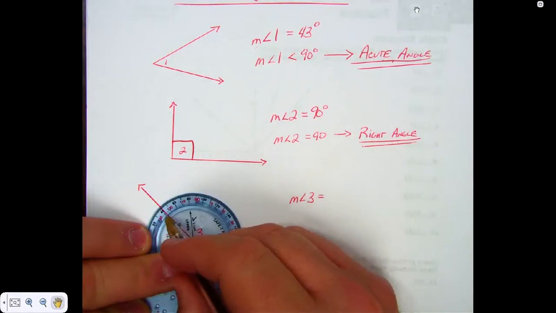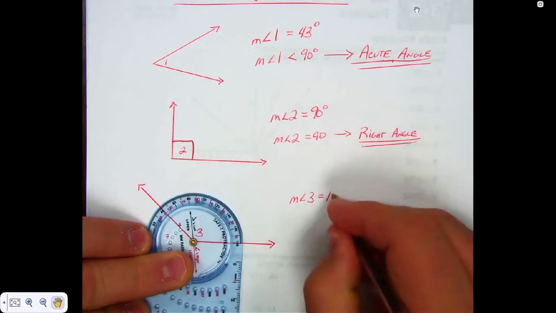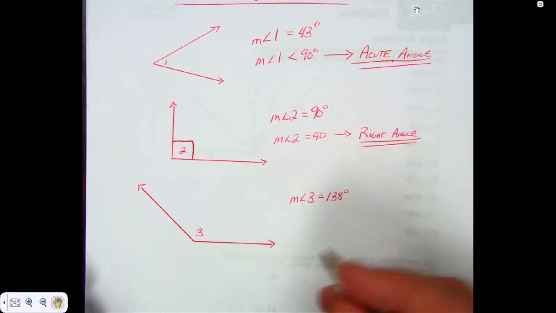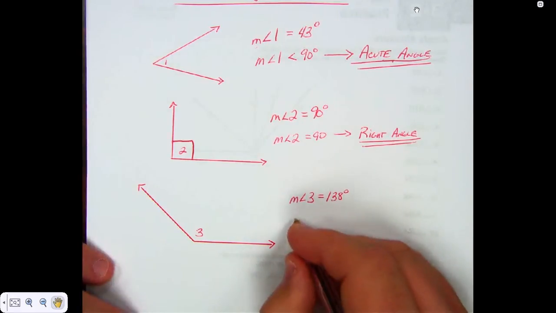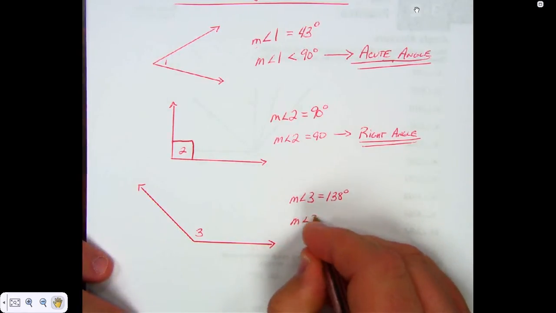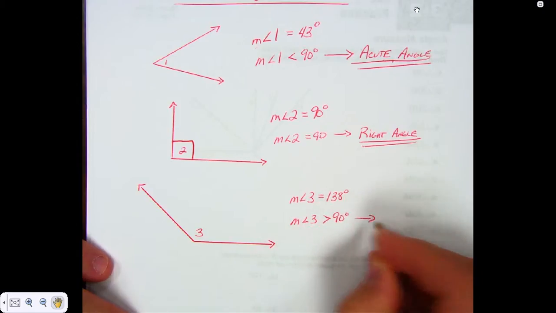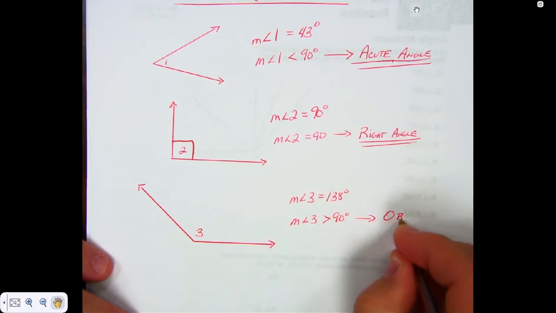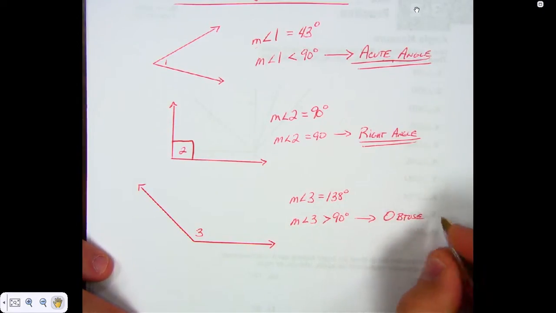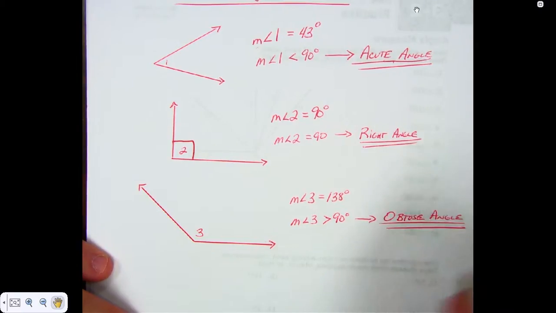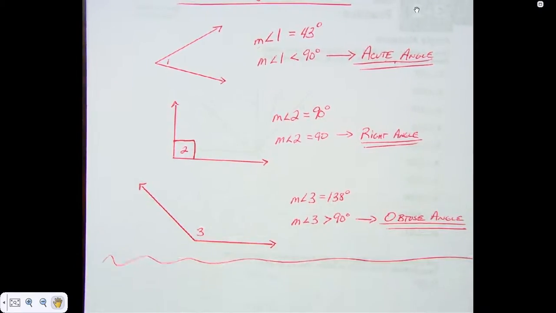Yeah. Okay, see, here's the 40, and it looks like it's 2 less than that, so we'll go 138 degrees. I know it's tough to see up there. So since the measure of angle 3 is greater than 90 degrees, this is called a what type of angle? Obtuse. And that's something you all have heard before, isn't it? Yes.